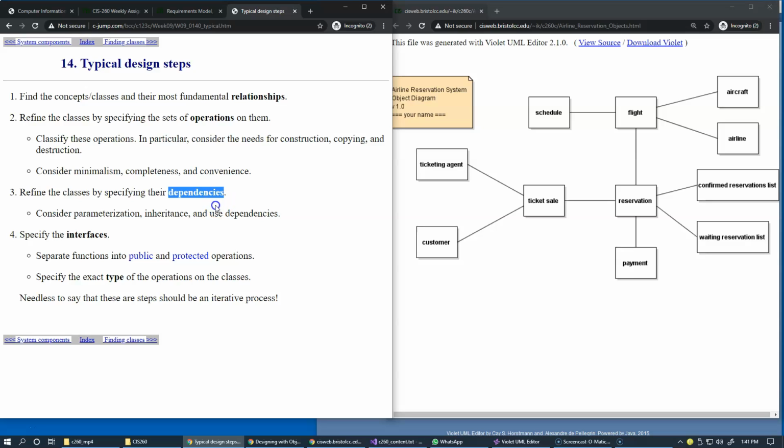Dependencies are basically when a change in one class makes an immediate change in the other class. So we want to minimize dependencies, and this can be done through parameterization, inheritance, and specific use of these dependencies. We will talk about this when we talk about software design patterns in the future.